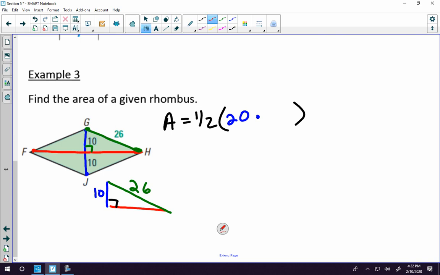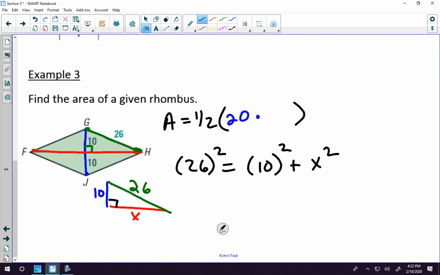Okay, so now we'll call this x. So using Pythagorean's theorem, we're going to go hypotenuse squared, which is 26, equals leg squared, 10, plus the other leg squared, okay, x squared.